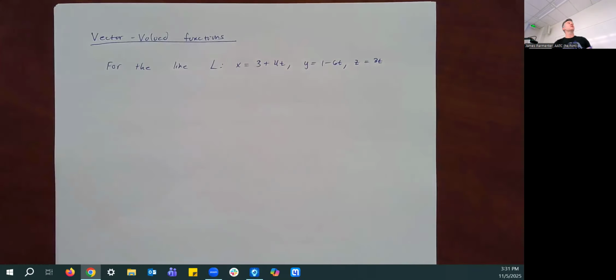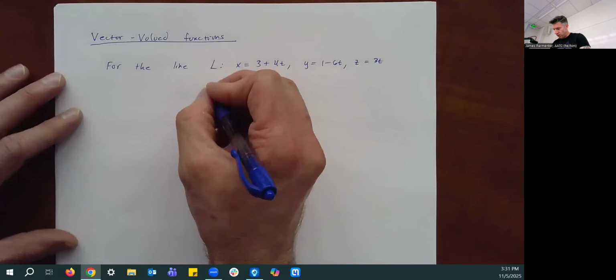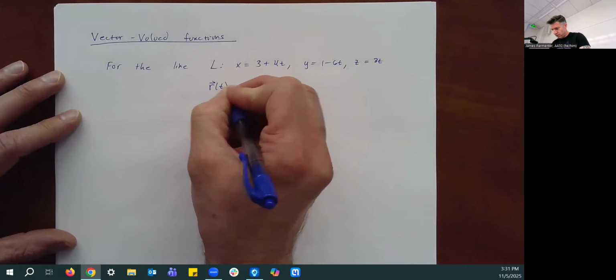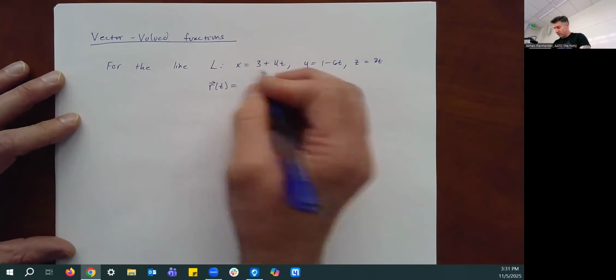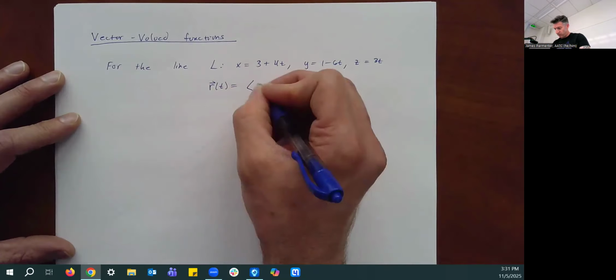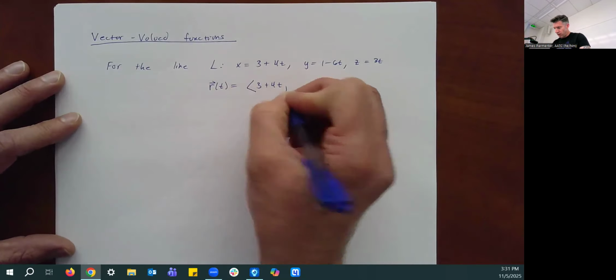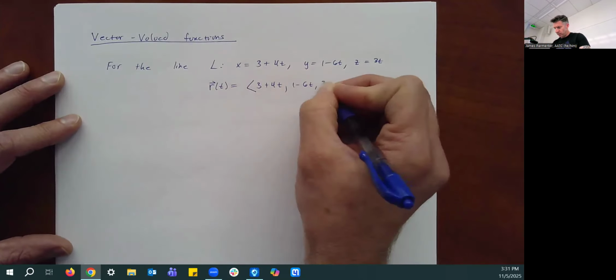And usually if it's a position function, because we're talking about where a particle on this line would be, we write it as r of t. It's going to be just the x, y, and z coordinates as a vector. So it's 3 plus 4t, comma 1 minus 6t, comma 3t.